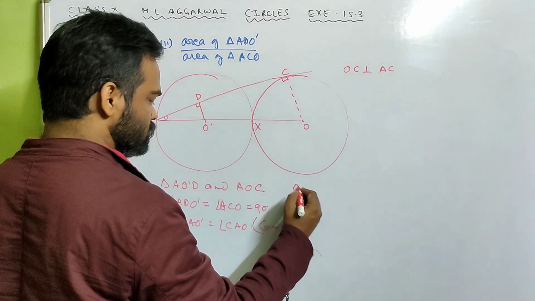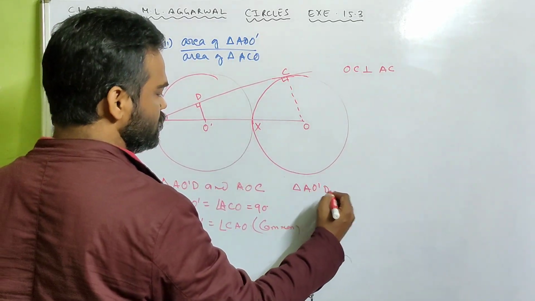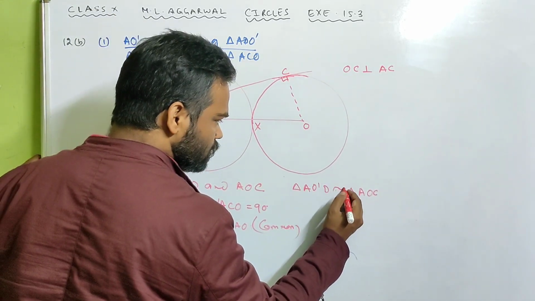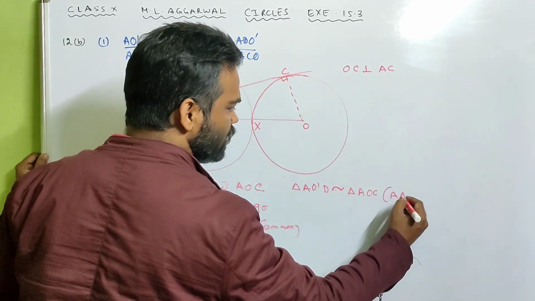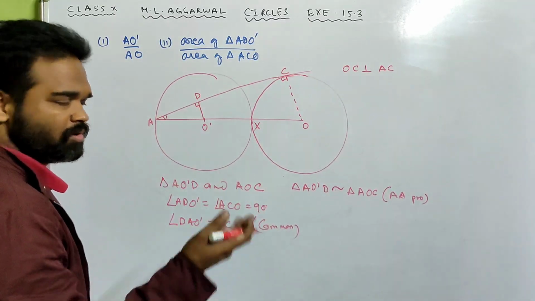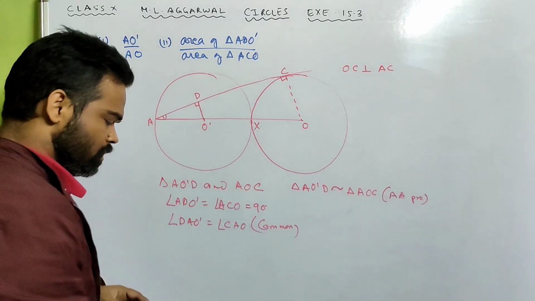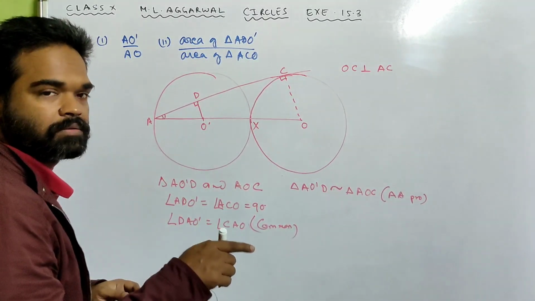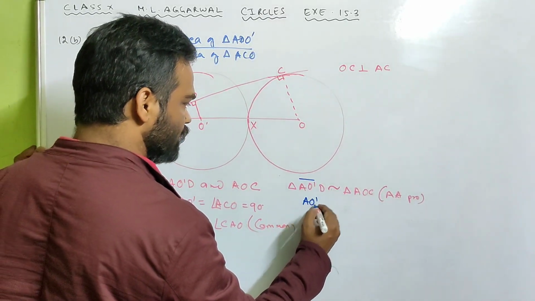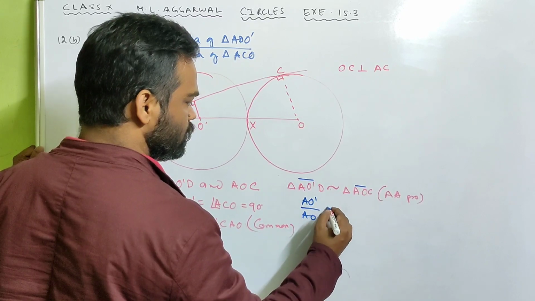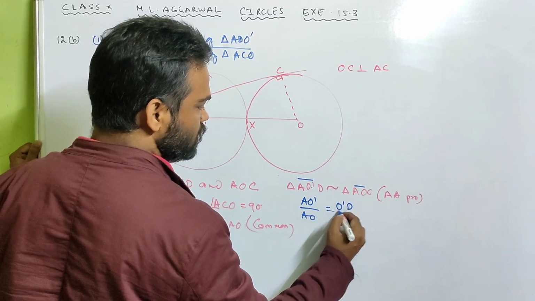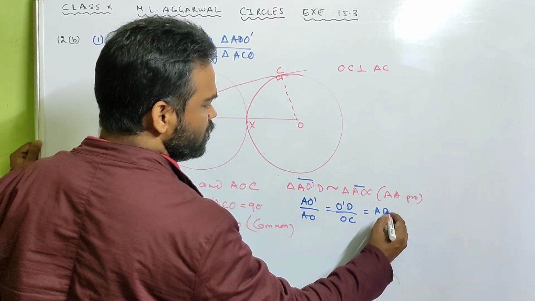Which means these two triangles, triangle AO dash D and triangle AOC, are similar. They're similar by angle property because two angles are equal. Yes or no? If two angles are equal, the third angle is equal. So if two angles are equal, we can see that the two triangles are similar. Now, if they are similar, the corresponding parts of the similar triangles are proportional, which means AO dash by AO will be equal to O dash D by OC will be equal to AD by AC.